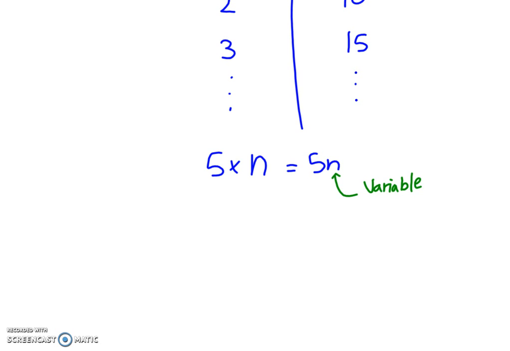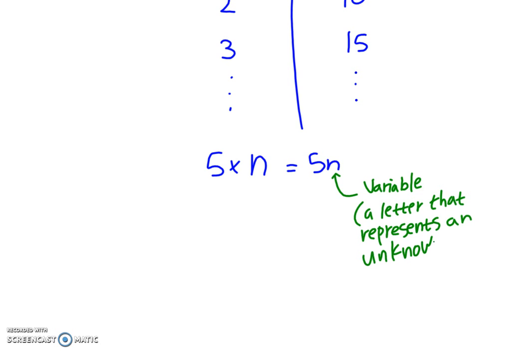And a variable is basically a letter that represents an unknown number. And a variable can be any number.